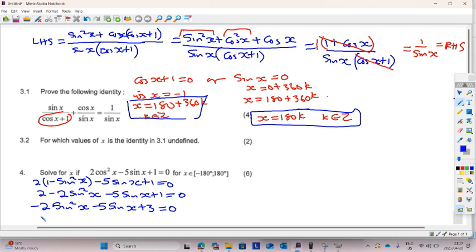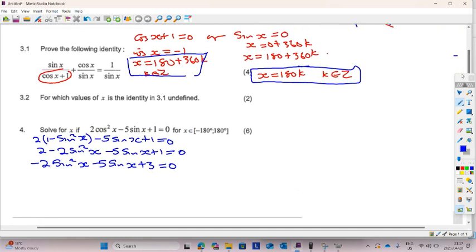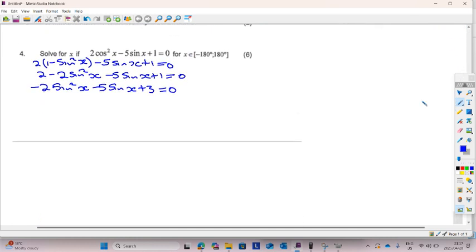Now we have a trinomial. Let me write it in a simpler way. We can write it as negative 2m squared minus 5m plus 3 equals 0. I believe you are more familiar with this one.